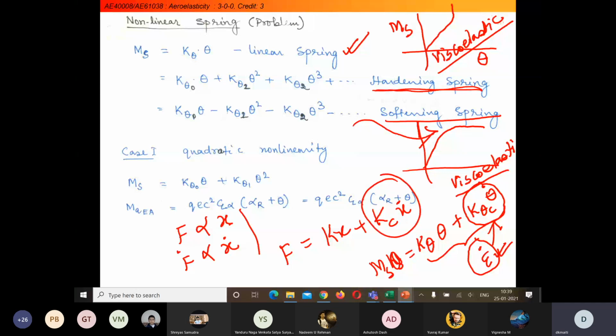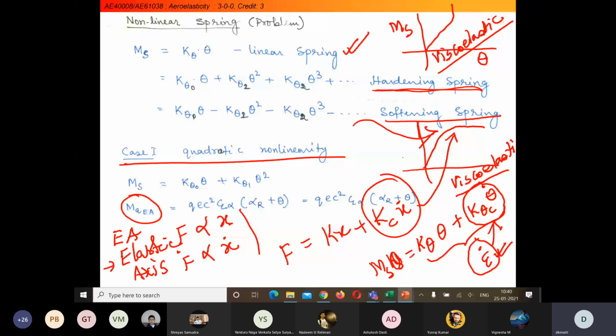So let me now come to this quadratic nonlinearity. Suppose we are first considering the quadratic nonlinearity in the spring. So it is k theta naught into theta plus k theta 1 into theta square, and the aerodynamic force I am considering is M A EA, which means aerodynamic moment about the elastic axis. EA is the elastic axis, because if you look back, we have considered an aerofoil like this and then considered a spring.